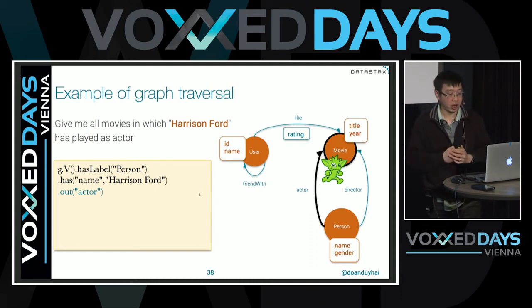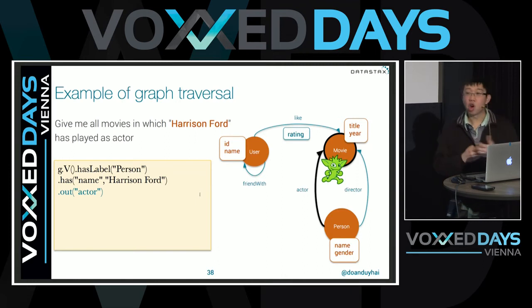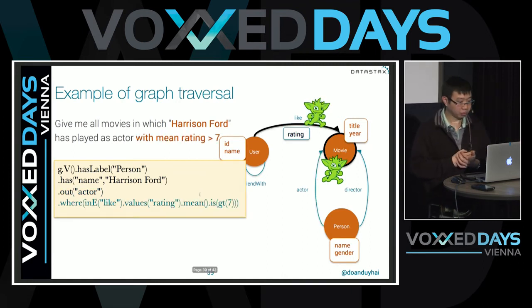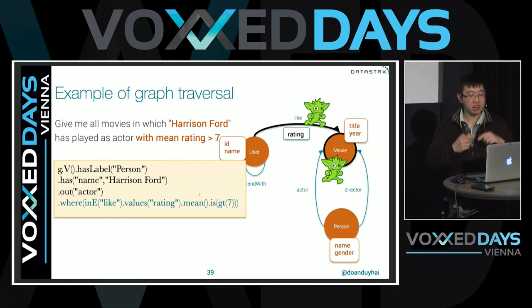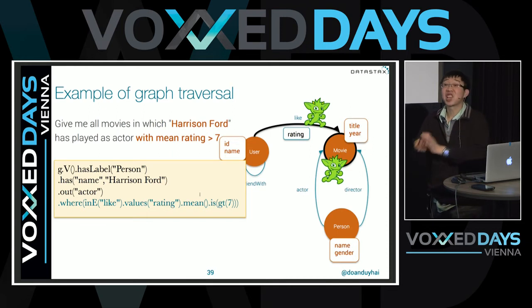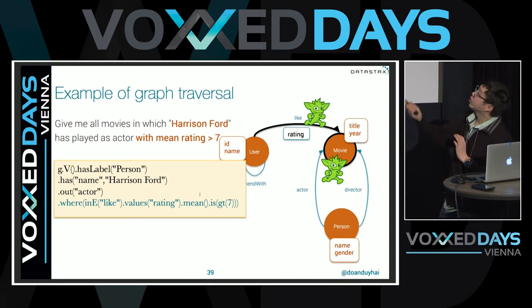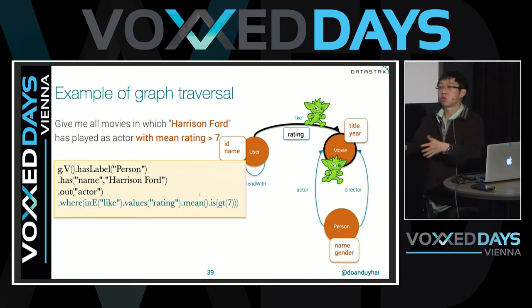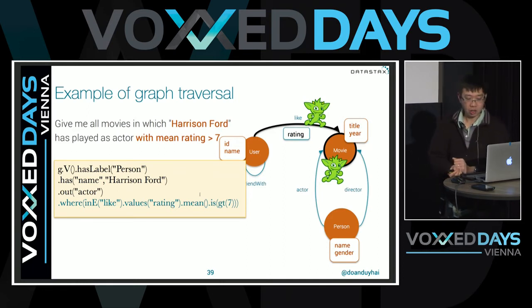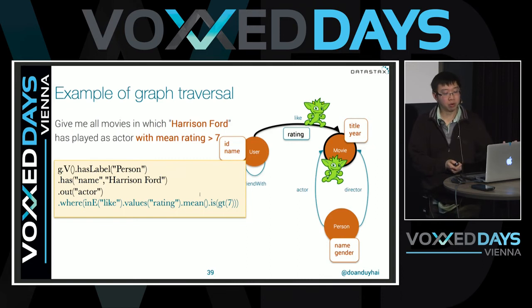Now let's make it a little bit more complicated. Give me all movies in which Harrison Ford has played as an actor with the mean rating greater than 7. Because each movie is rated by users, and I want only movies with the average rating greater than 7.